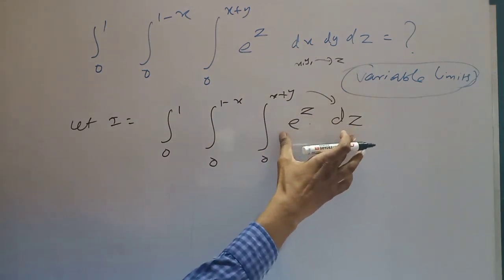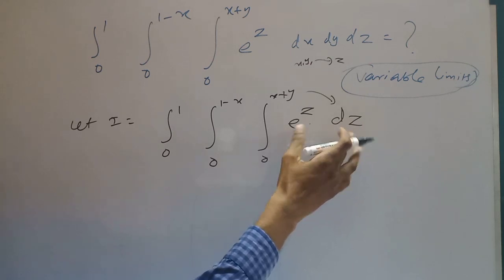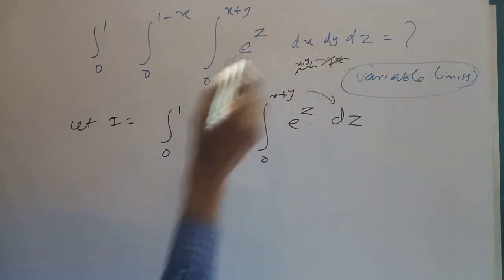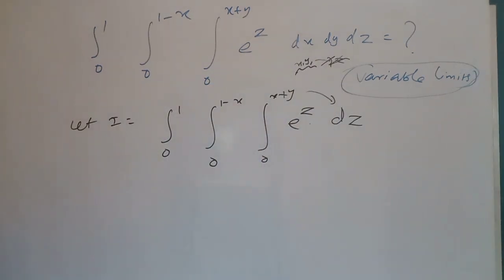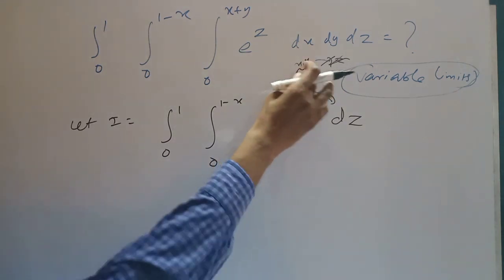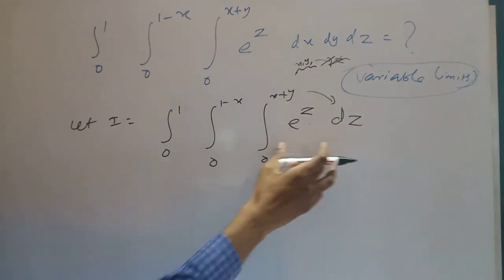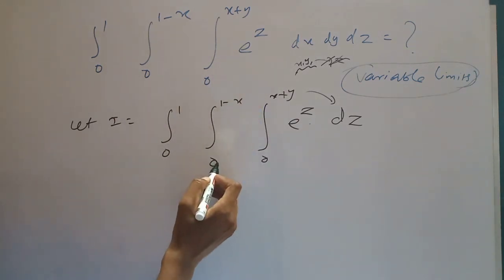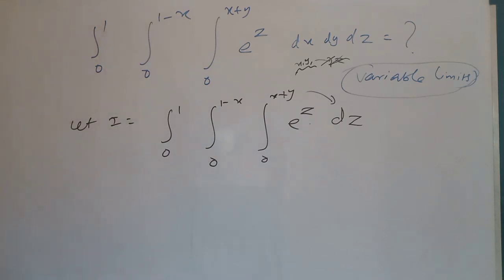After completing the innermost integration, it will be the xy plane. That means a two-dimensional problem, a 2D problem. So after completing the innermost integration, the next integral limits are 0 to 1 minus x.